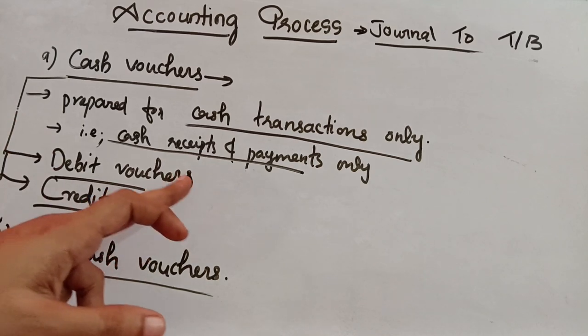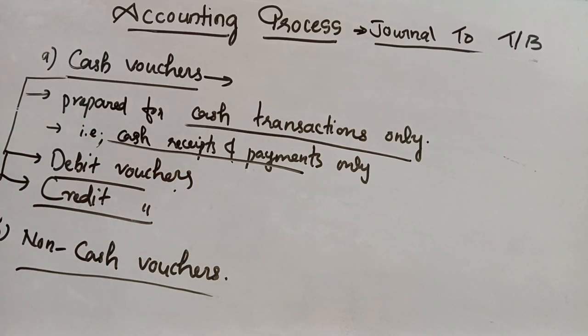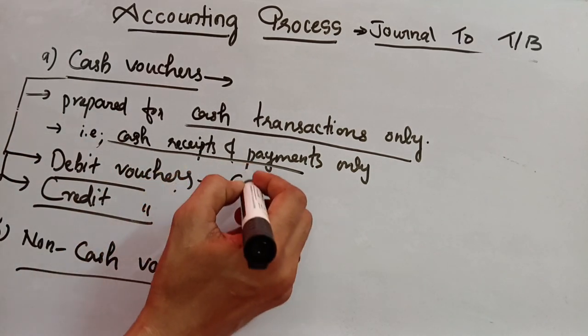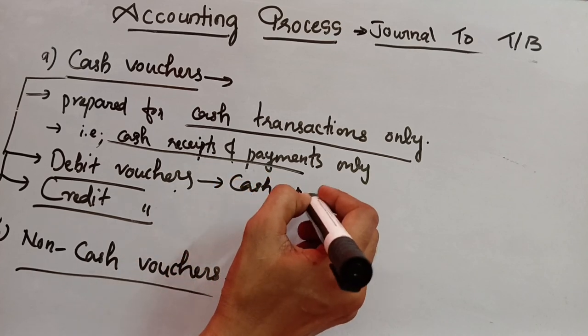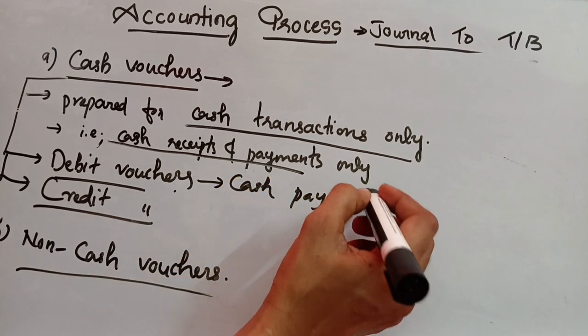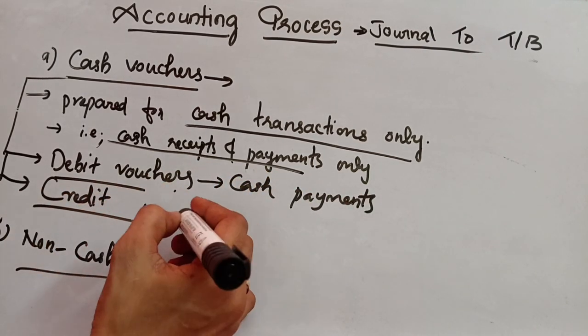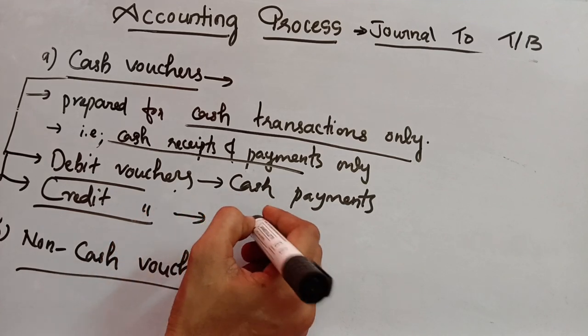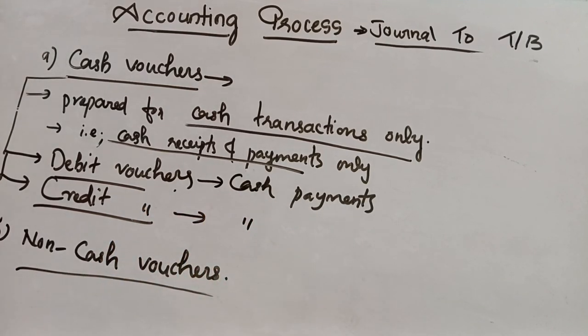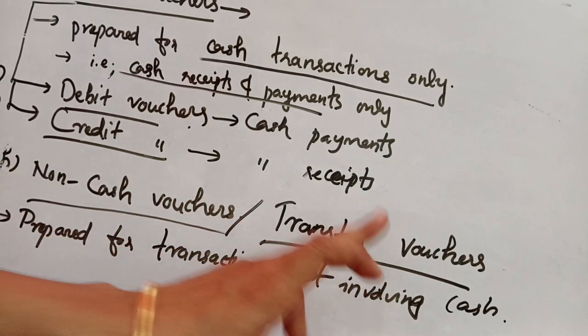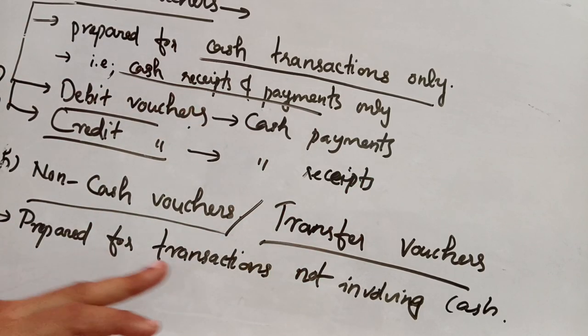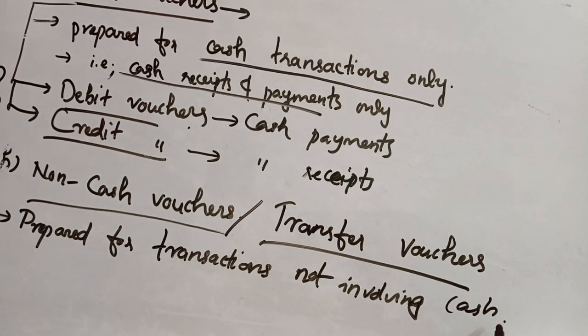A debit voucher is prepared to record transactions involving cash payments, and as the name indicates, a credit voucher is prepared to record cash receipts. Non-cash vouchers, or transfer vouchers, are prepared for transactions not involving cash.